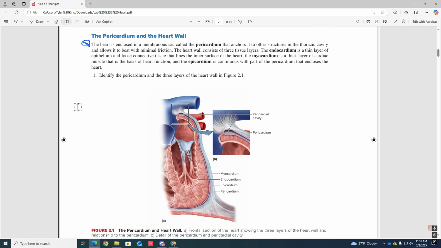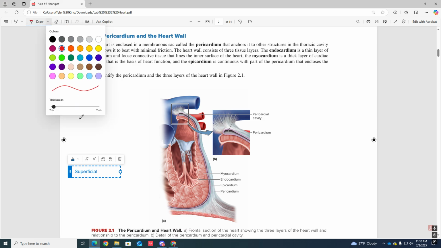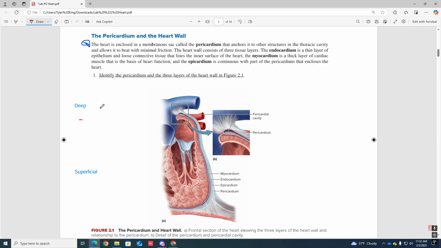Pretty straightforward, but if we're going to do these, remember, from deep all the way to superficial, meaning we're starting from the most internal part and moving our way outwards, up towards our skin. This is what it'll be. The deep is going to be the endocardium. Moving from there, it's the myocardium.